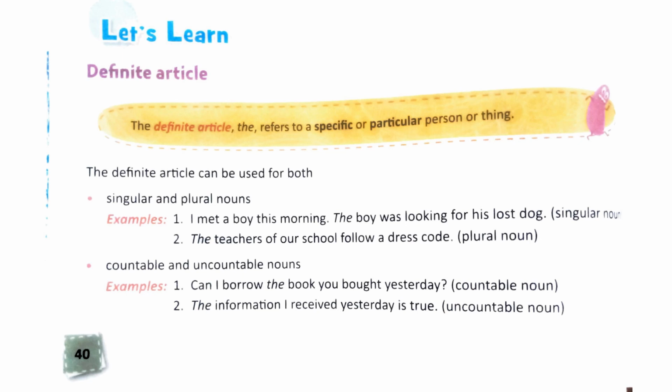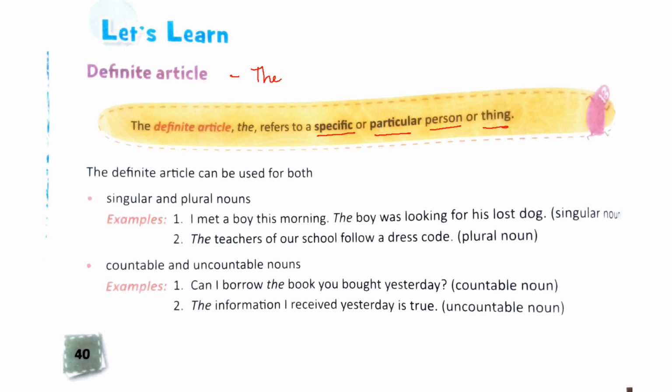Now let's discuss the topic definite article, which includes the article the. Now why is it called definite? Because it refers to a specific or particular person or thing, hence the name definite article. Now let's discuss where we can use the definite article.